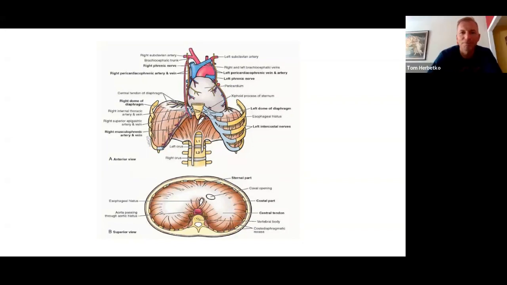Mm-hmm. Definitely. We're going to look at referred pain later, and it's amazing how much the diaphragm will influence visceral pathologies, visceral tensions, and also its referred pain. So when a patient comes with right trapezius pain, for example, the common thing is they're probably taking even more medication for that pain.